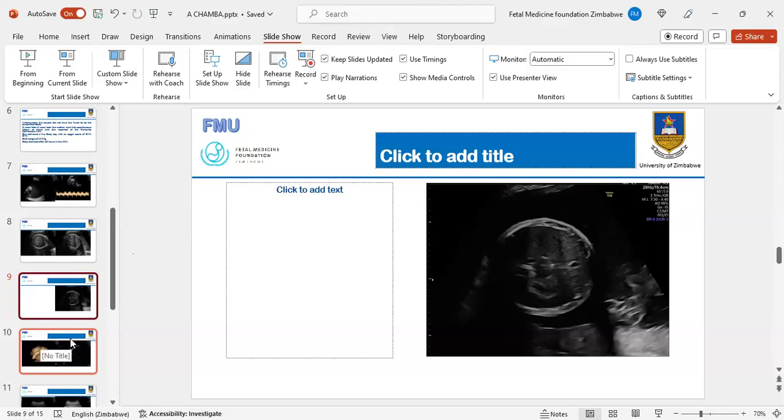Right. More interesting information is coming on the chart there. Losartan acts on the renin-angiotensin system during the second and third trimester of pregnancy, reduces renal function, and increases fetal and neonatal morbidity and death. Yeah, it's a good gross summary that Chamba has put there. Well done.